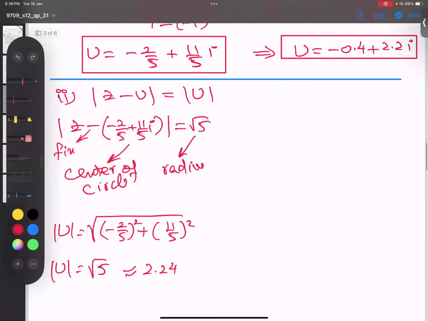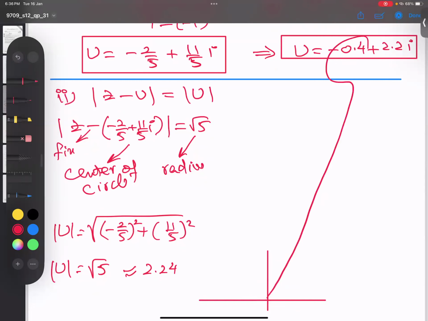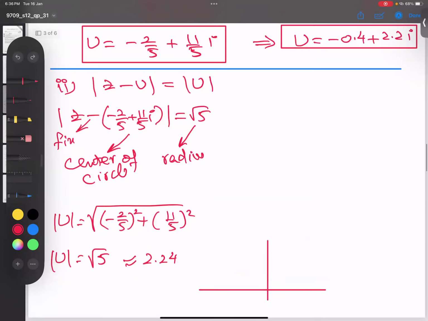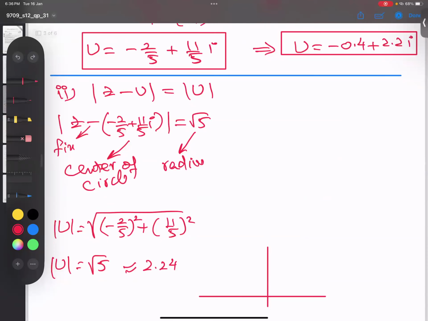First of all, I will draw a rough idea of where this center is. So x is negative, y is positive. Negative goes to the left side, not the right side. So it means negative 4 is somewhere here. Hold on.